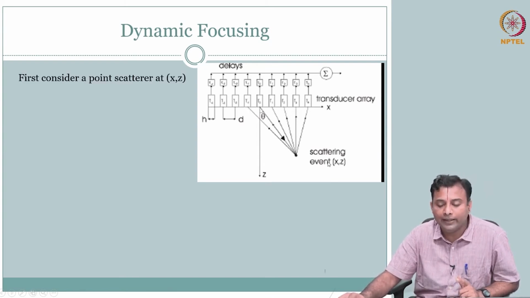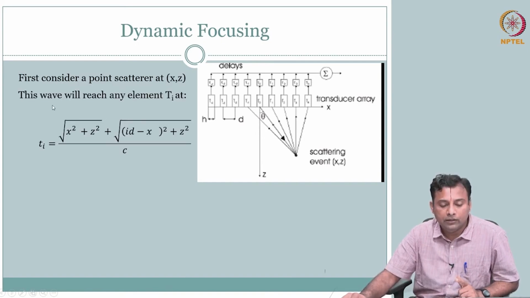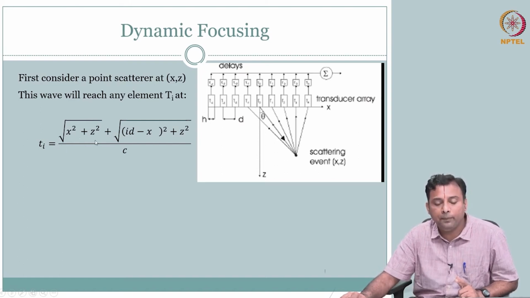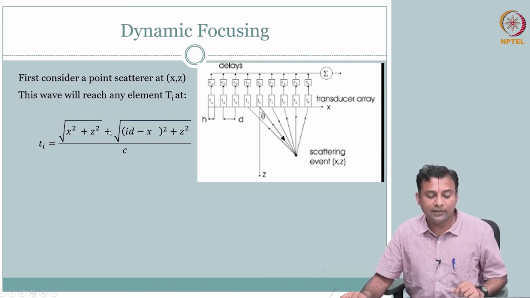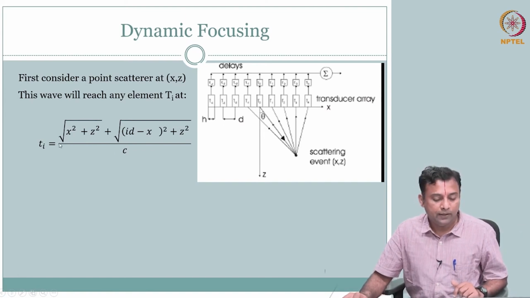First consider a point x comma f. This wave will reach any element Ti at Ti equals square root of x square plus z square plus the extra path length, divided by c. If you care, this is actually the same as your transmit, with the only thing being that here we put a plus, there it was a minus; the same two components are there, right.